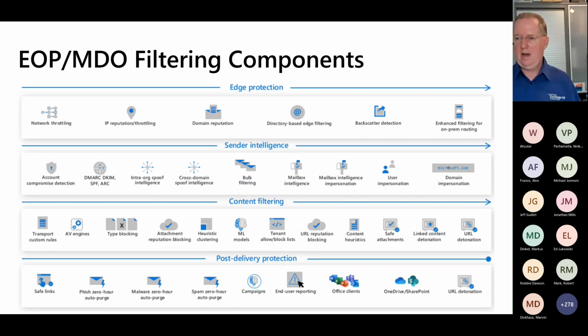Yeah, and other areas like enhanced filtering if you're in a hybrid environment, for example. And then we have sender intelligence. That's really the background intelligence. So you have mailbox intelligence, you have cross-domain spoof intelligence, and a lot of areas that are really automatic, what Microsoft calls the magic in the environment.